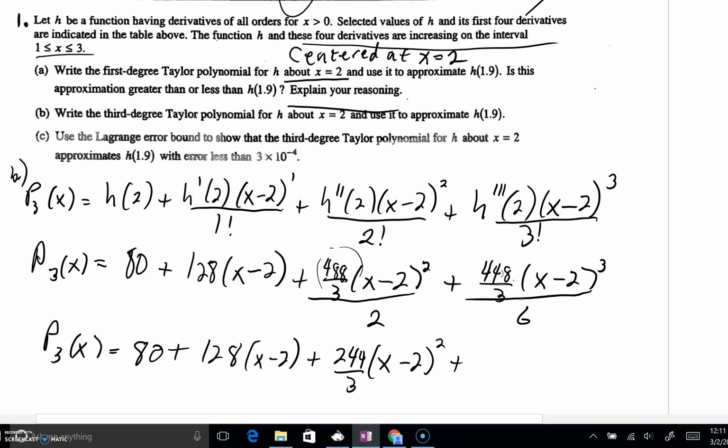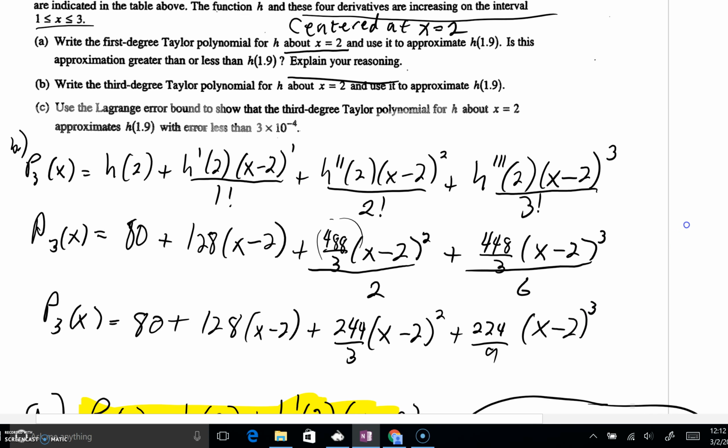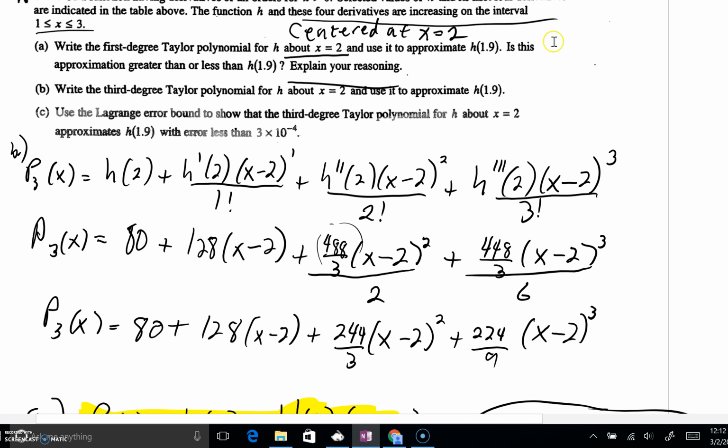And here, if we're going to take 1/6 of 448 all over 3, you'll get 224 all over 9. What I just did is I took half of the top, knowing that I'd still have a 3 down below. You can confirm that by writing it out step by step if you'd like. But there's your third degree Taylor polynomial. Now, what are we asked to do?